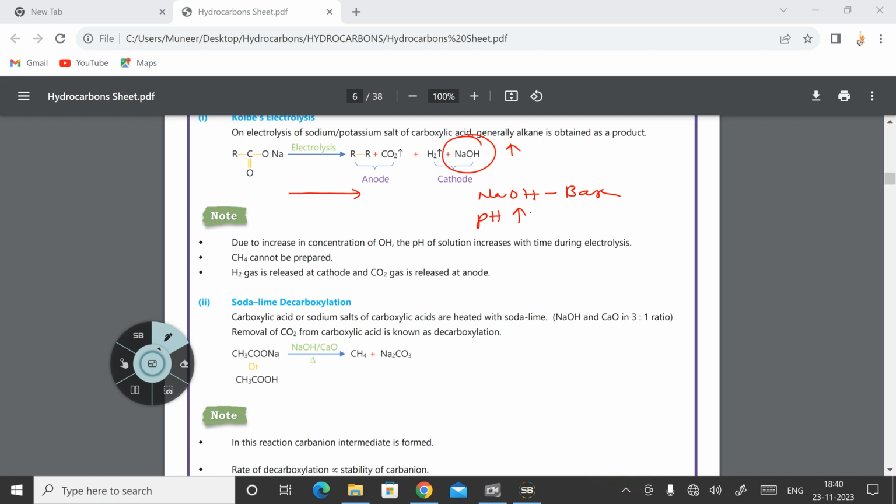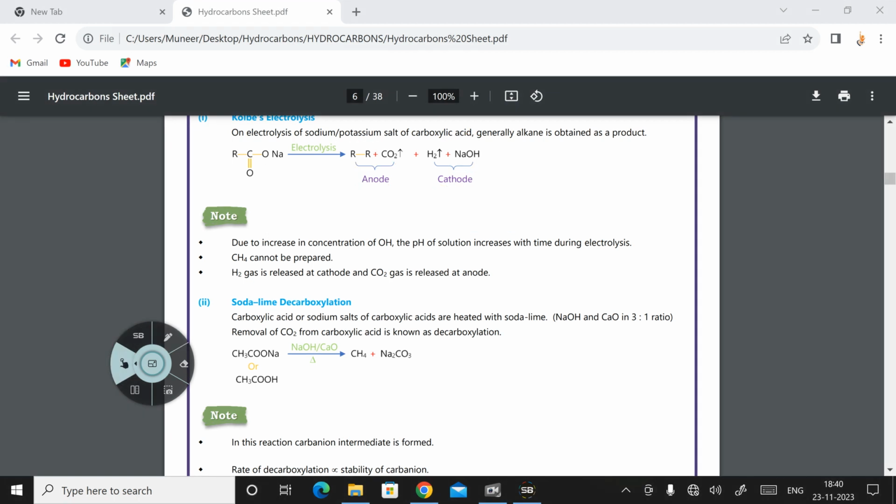So as the reaction goes on, the pH of the solution in the vessel increases. And here CO2 and alkane are obtained at the anode, and H2 and NaOH at the cathode. So that is about Kolbe electrolysis.